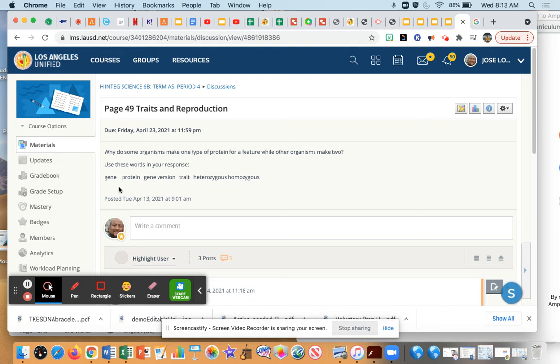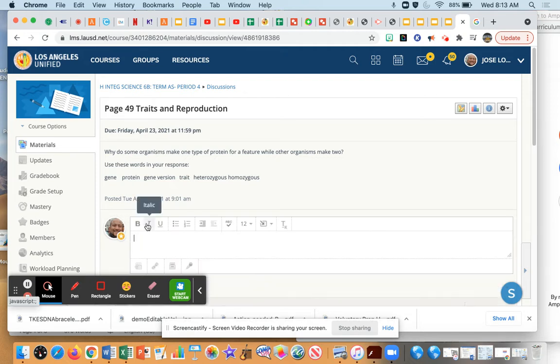In the simulations that we've seen, we have observed that organisms have either two copies of a gene.